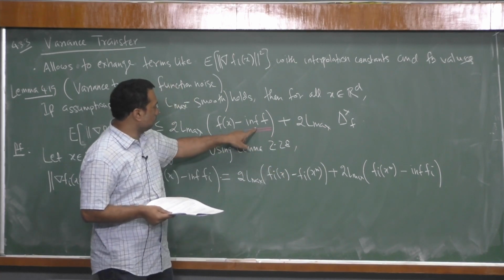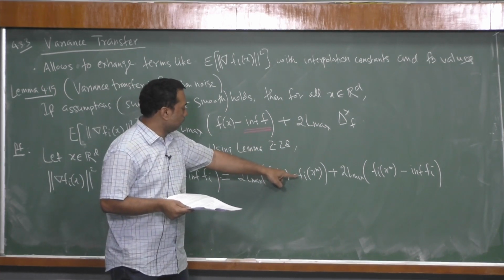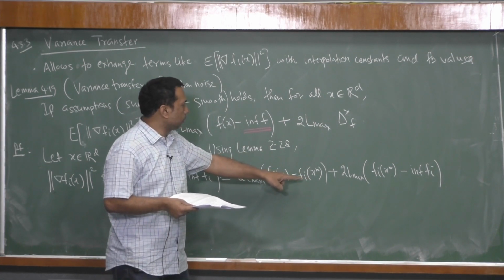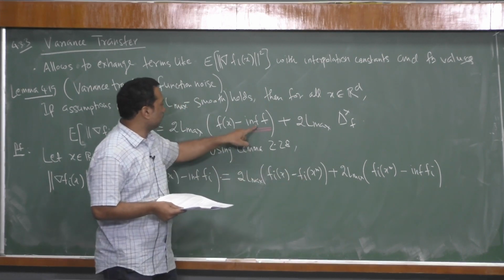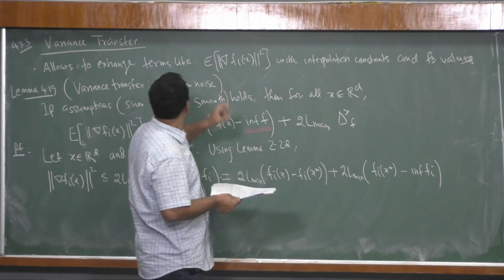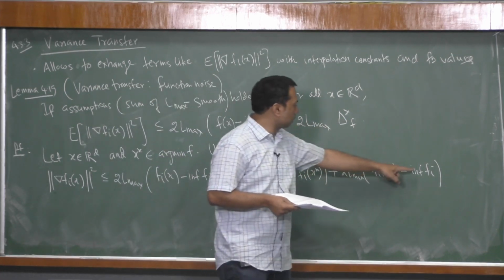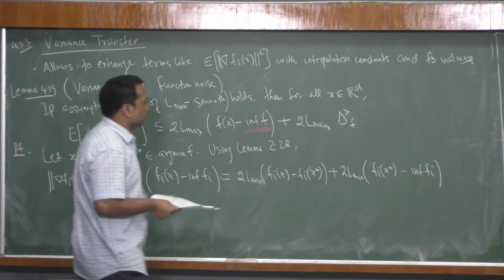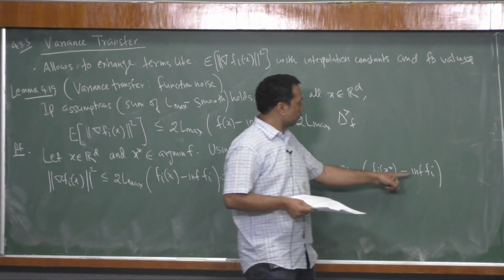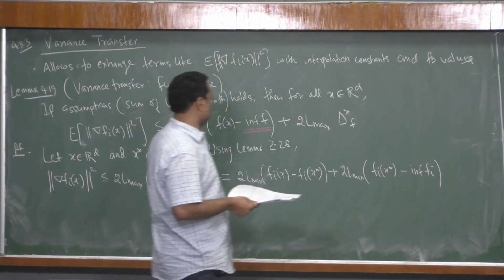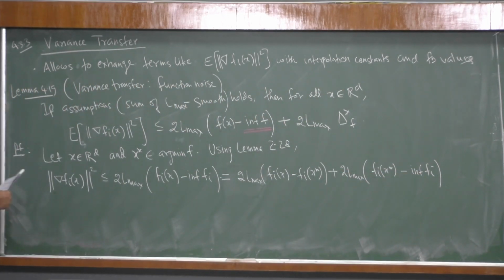Expectation of this guy gives f(x star), because the expectation of f_i(x star) is 1 by n sum of f_i at x star, which is f(x star). And this guy should be delta star f. The formula itself was this, right? The expectation of this will be 1 by n sum of infimum of f_i. So everything seems to be in place. After taking expectation, it seems to work out here.